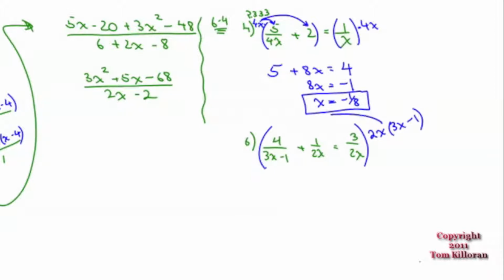So, when I multiply this mess times that first term, 4 over 3x minus 1, what happens? 3x minus 1 is canceled, and you're left with a 4 and 2x, which is 8x. Plus, when I distribute it to that term, 2x cancels, and we're left with a 1 times 3x minus 1.